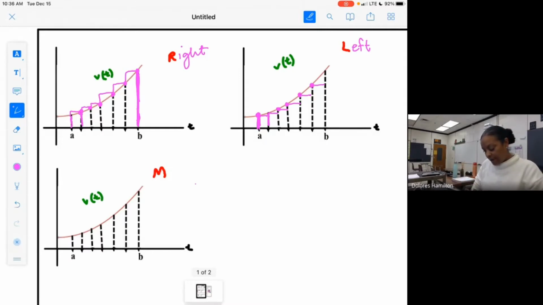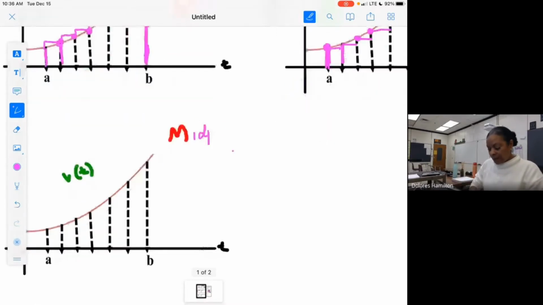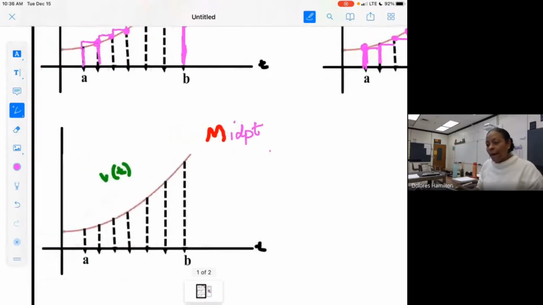Now this one right here, this is our midpoint. So we're actually going to have to find the height of each respective midpoint and use that. Here's what I mean. I'm going to say that's the midpoint of that first rectangle. And we're not guessing in this. We'll do an example where we'll see how it's put into play.